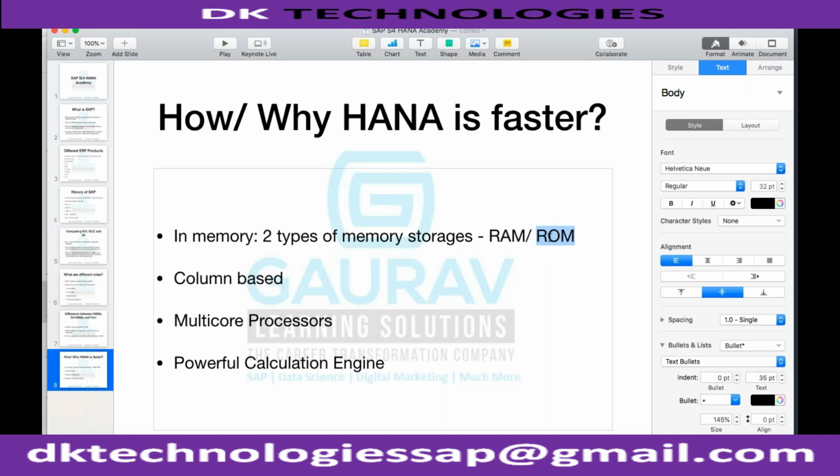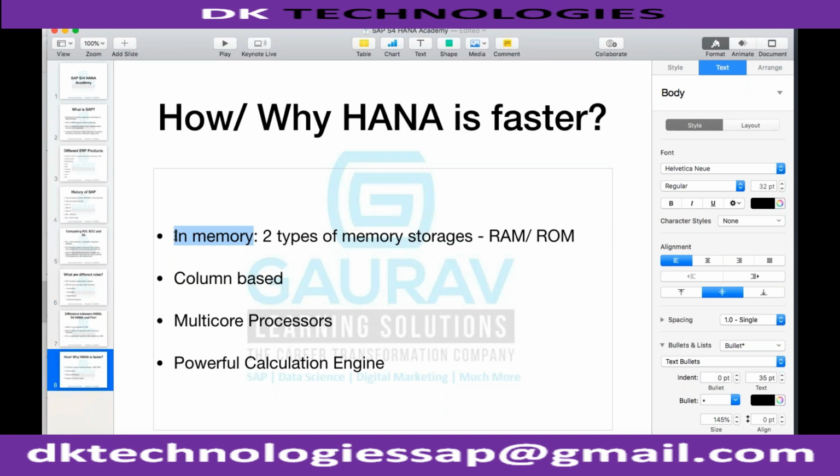Now, in order to make a new database which runs faster, SAP introduced something called in-memory. Actually, I'll not say SAP introduced it, because this was already being developed by other database vendors also, but they are very small and that is the reason they are not so popular. But in-memory was already available in the market when SAP came up with an in-memory database. So it would be wrong to say that SAP has introduced in-memory.